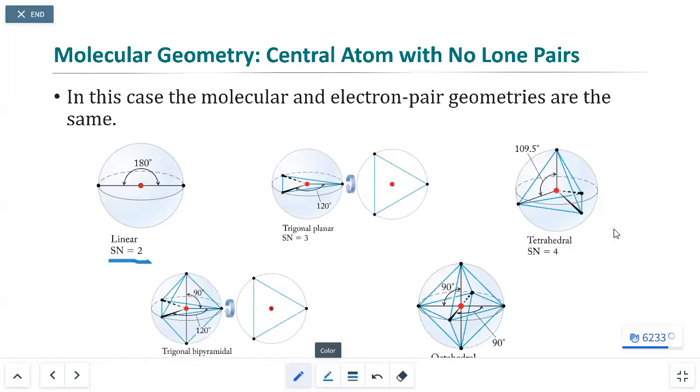So when our steric number is 2, we will find that we have a linear shape. And again, this should make sense to us. If I have 2 objects and I want to put them as far apart as possible, I'm going to put them in a line, 180 degrees apart.